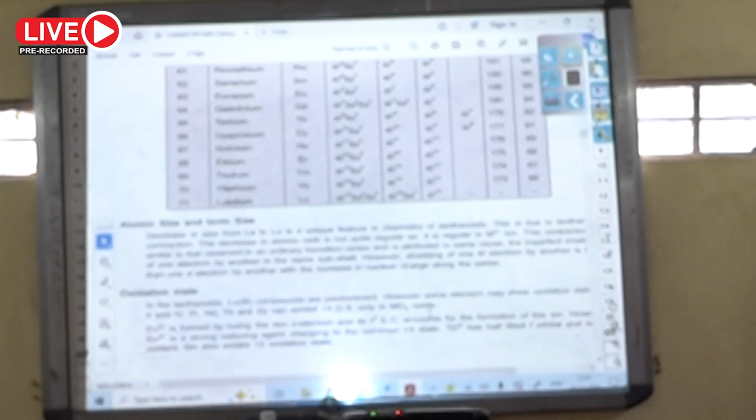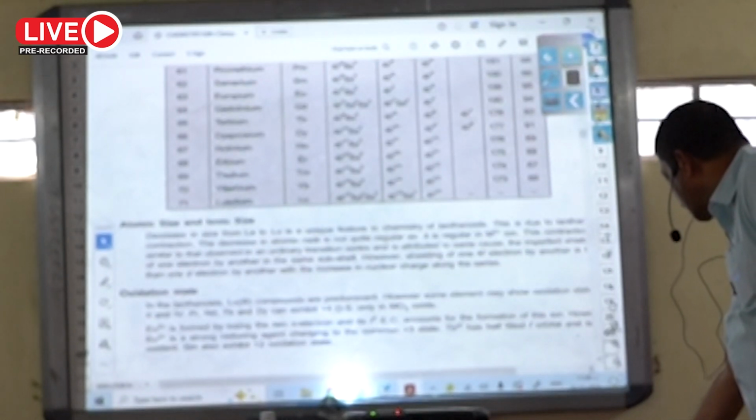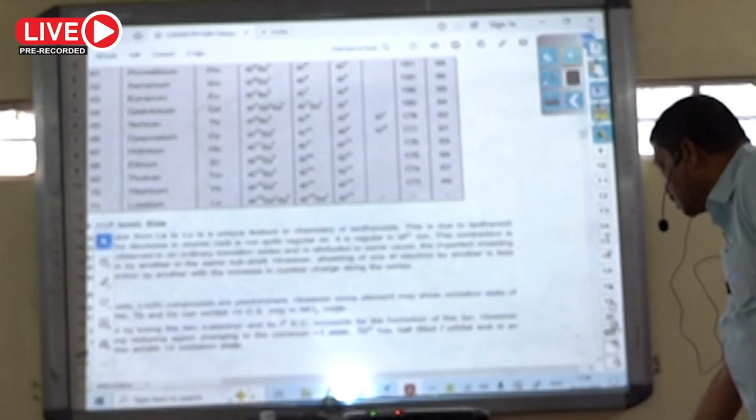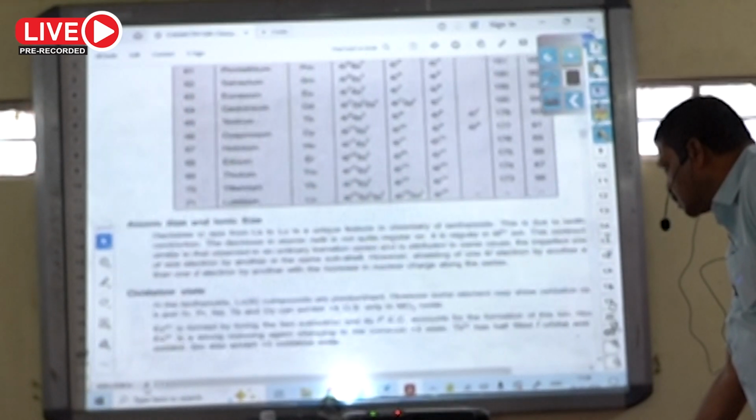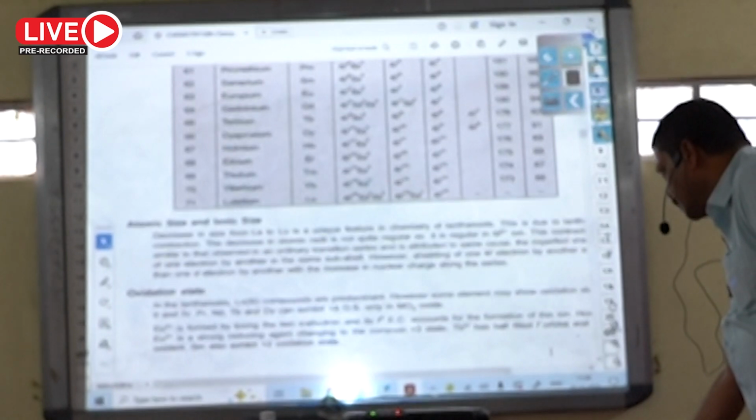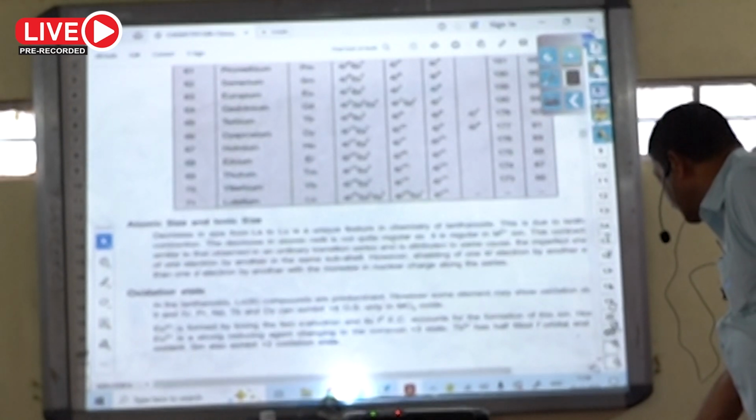Here 2-3 points are important. First point you write, in lanthanides, though +3 state is common, some elements show +2 and +4 oxidation states.